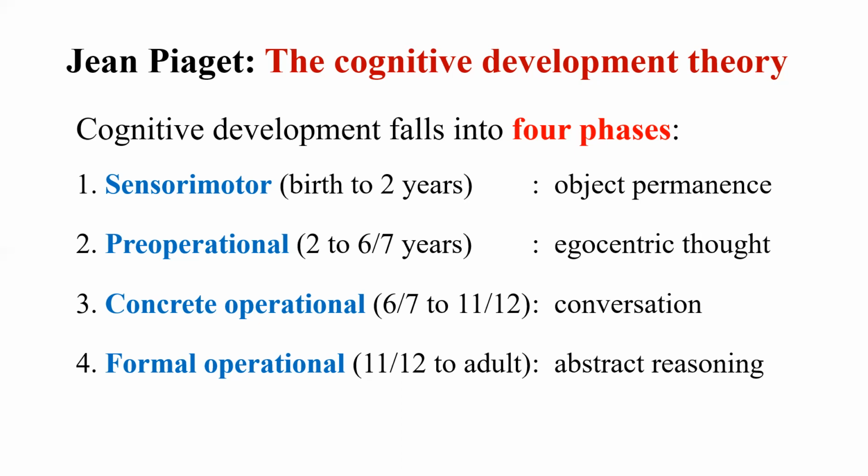And that comes in the fourth stage, formal operational, from 11 or 12 years to adult, where we talk about things which are not present. We can talk about the future, which is abstract, abstract reasoning, or God, or love. These are things that are not concrete, which are based on our abstract reasoning. We enter this stage from 11 to 12 years, then it goes on and on. Okay, these are the 4 phases of our cognitive development.